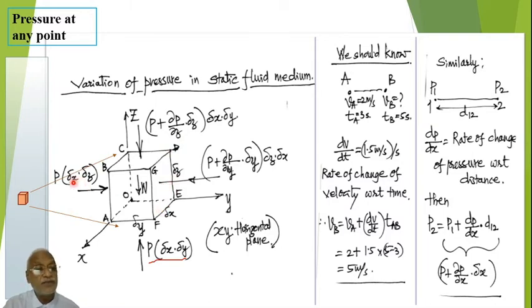Will it be the same as P, or will there be a variation? Here, I have assumed that pressure is going to change. At what rate does it change? It changes spatially, meaning when it moves from this point to this point through a distance of delta y, there is a rate of change of pressure, multiplied by the distance over which it has changed.